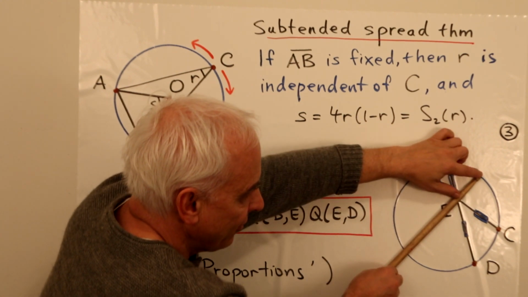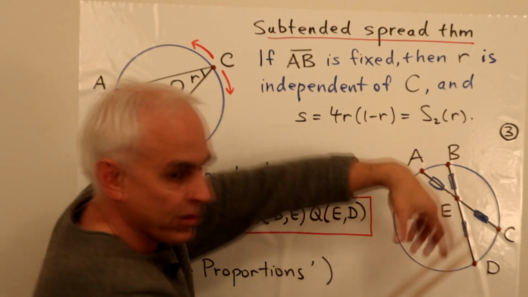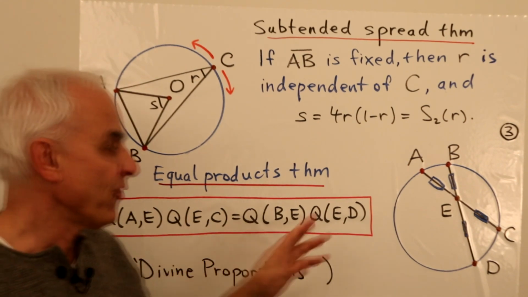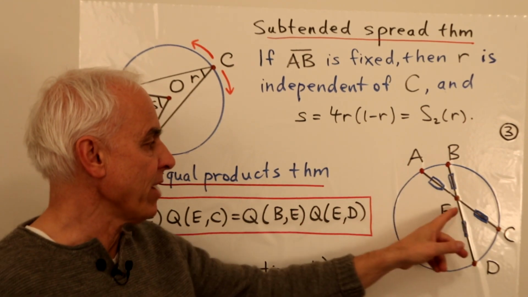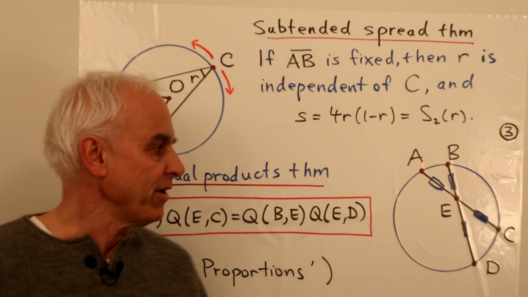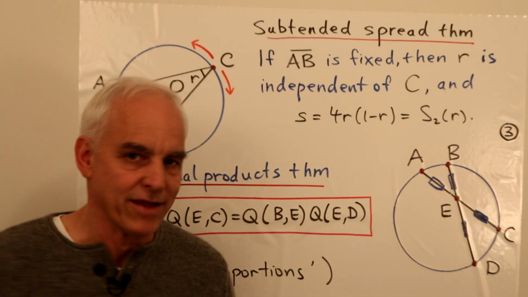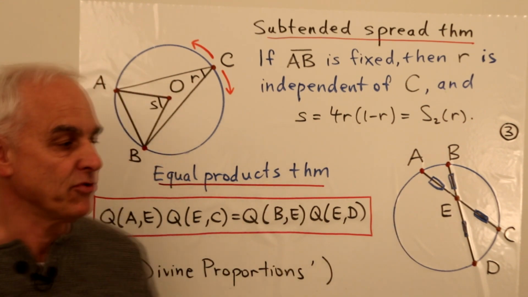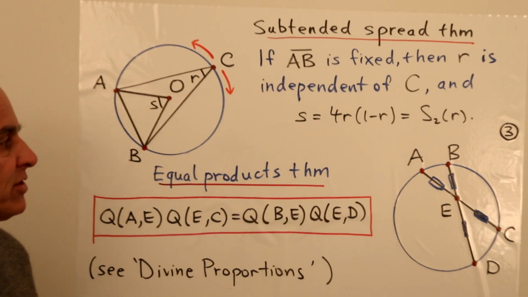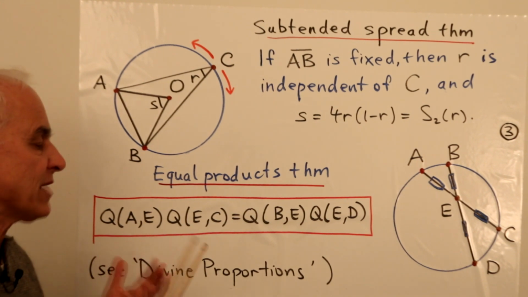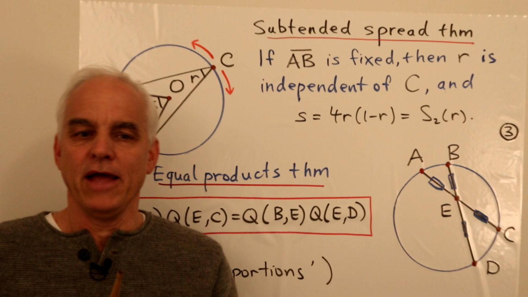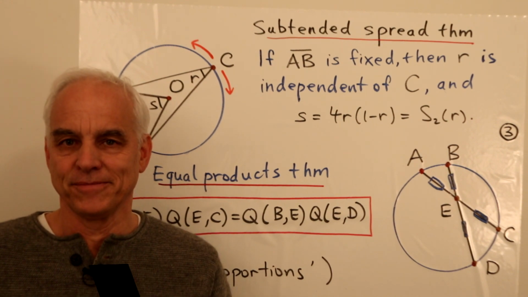When this one gets bigger, this one will get smaller, and conversely. So this is a lovely fact that also suggests that this common number has some important properties with respect to the circle, and that's the start of a whole bunch of other circle geometry investigations. So these are classical things that can be derived just from basically Euclidean geometry and some rational trigonometry.